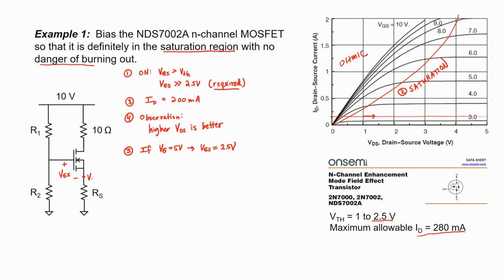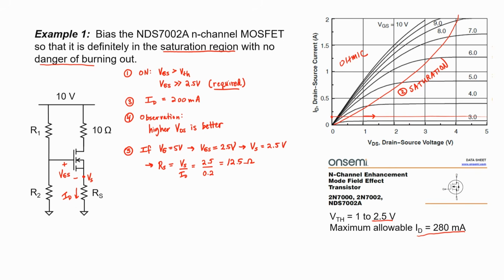Let's label the source voltage right here, because if we take 5 and subtract 2.5, then we wind up with 2.5 volts there at the source. To maintain our drain current of 200 milliamps, we're going to have to choose a source resistance of 2.5 volts divided by 0.2. That gives us 12.5 ohms.